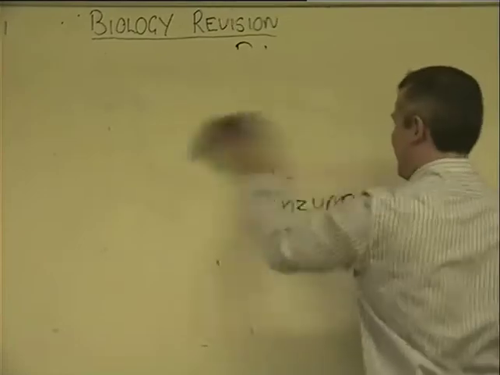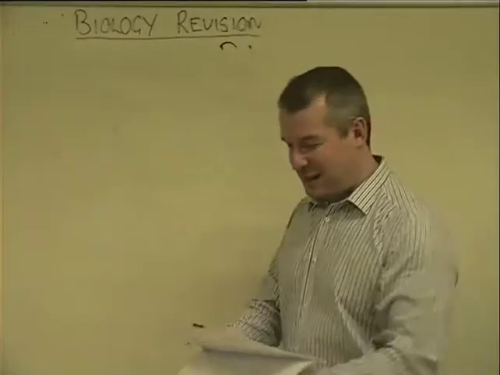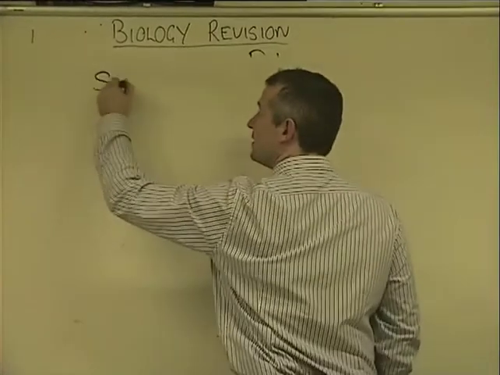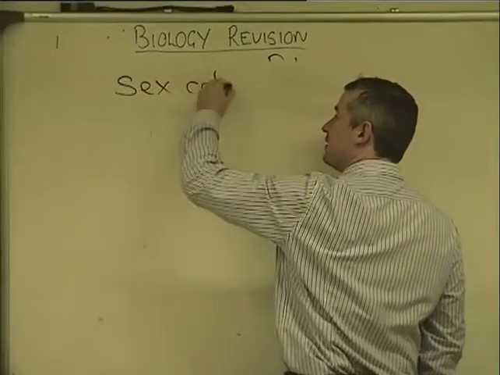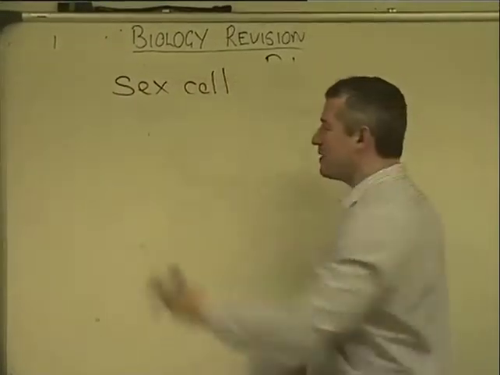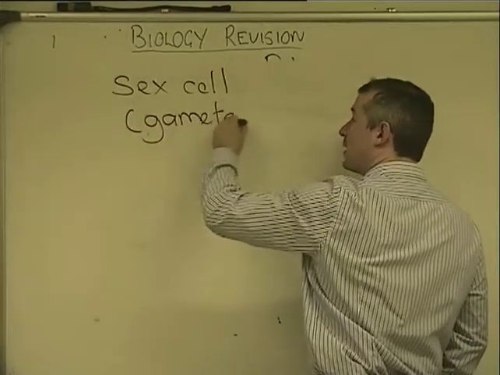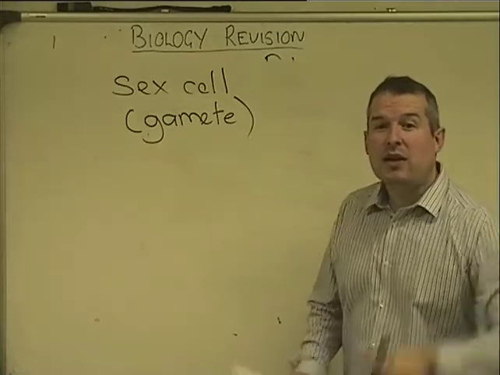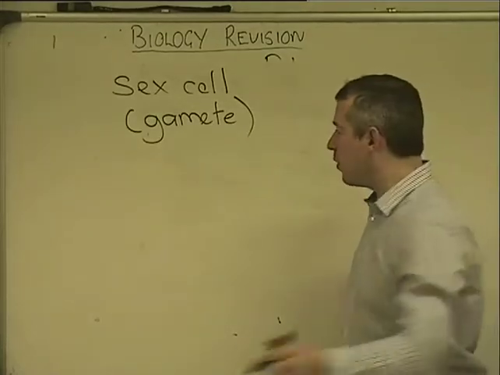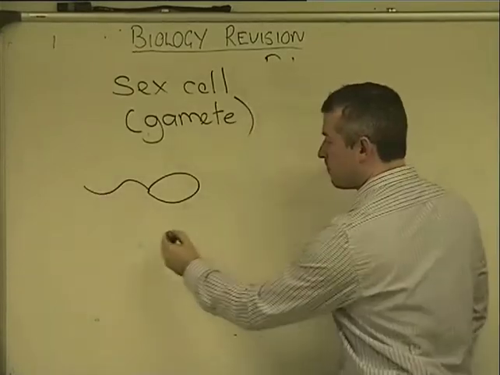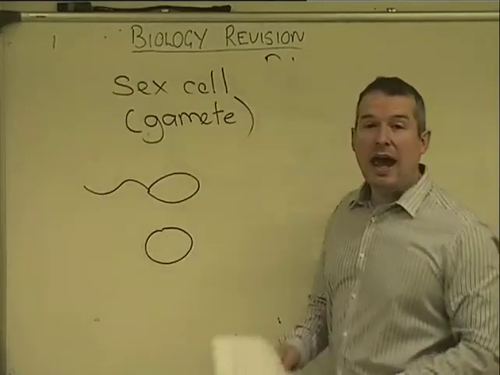Now, there is a particular cell in the body called a sex cell. Now the other name for a sex cell is a gamete. Now there are 2 types of sex cells found in the human body. These are sperm and these are eggs.